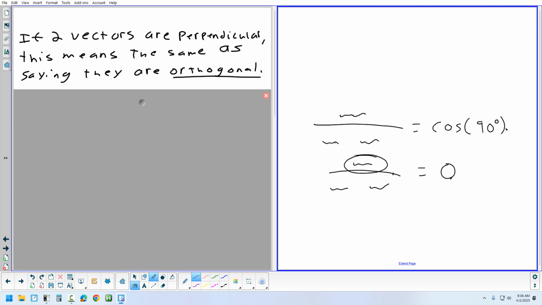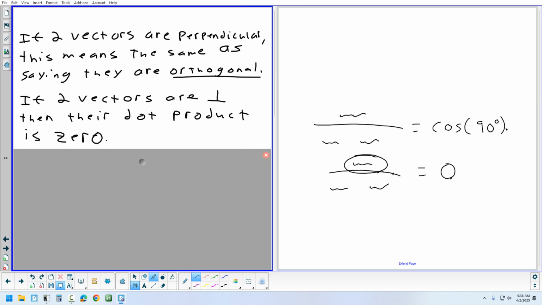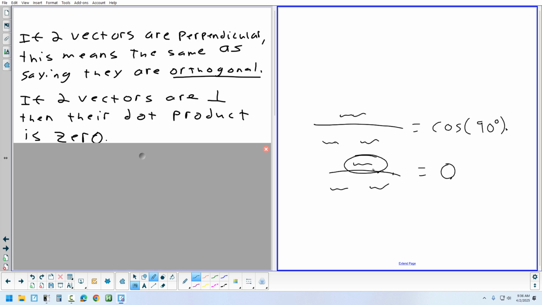So the only way that two vectors can come out to be perpendicular is if the top of this fraction is 0. The only way the top of that fraction can be 0 is if the dot product is 0. So there is a shortcut to figure out if two vectors are perpendicular. If their dot product comes out to 0, you're done. They are perpendicular. Because that would make the top of this 0, which would make this side 0, which means you must have an angle of 90 degrees.